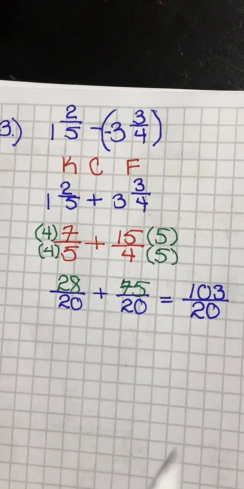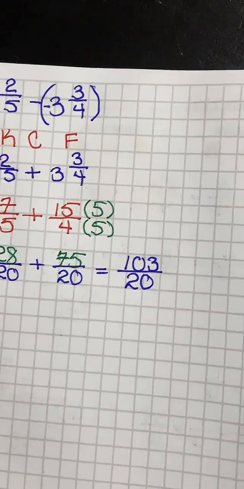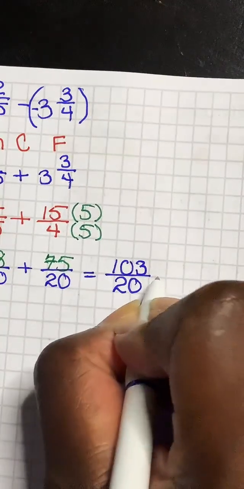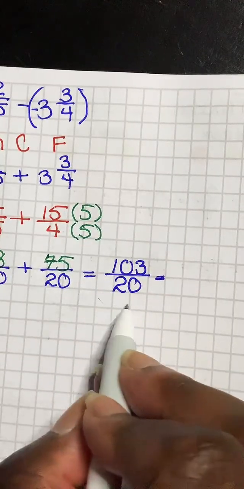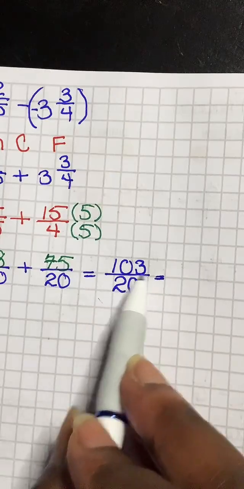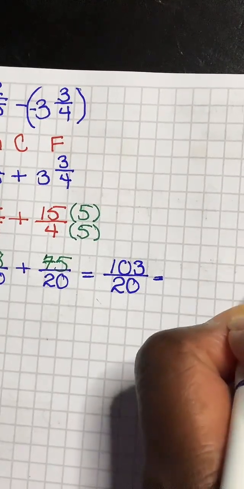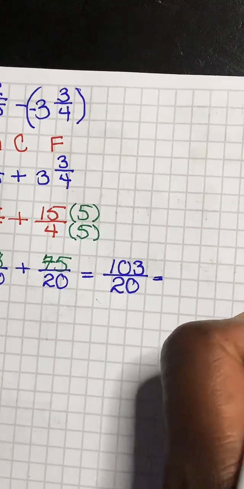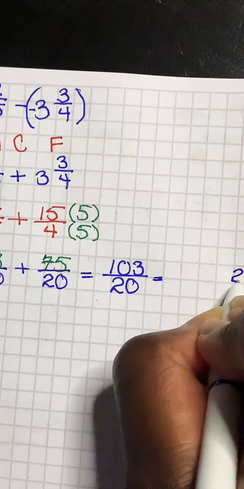All right. So now from here, all you have to do is your division. There is definitely a hole or a few holes in there because we got 103 over 20. So you can do 103 divided by 20 with long division.